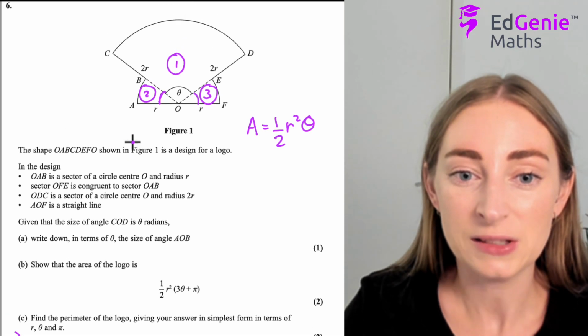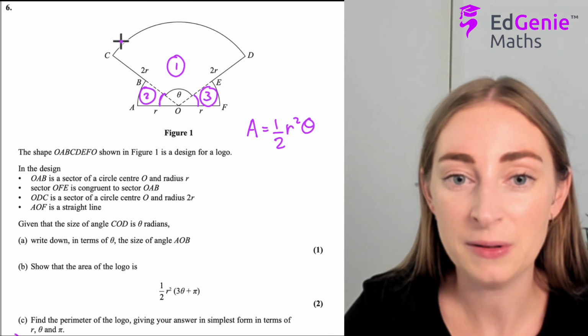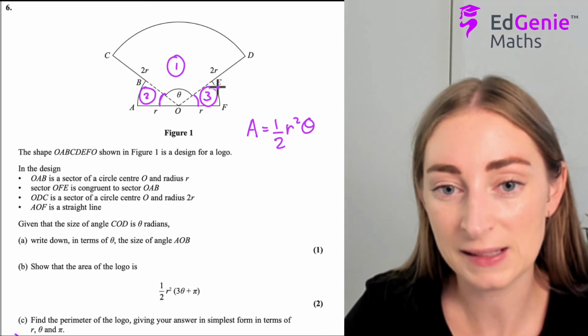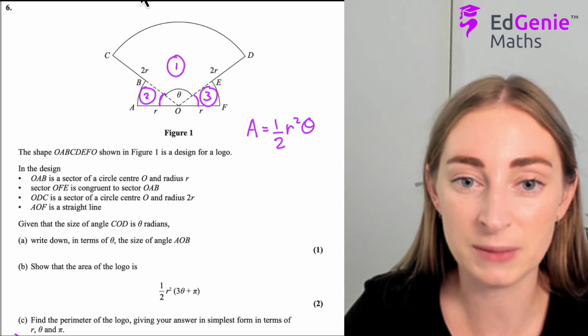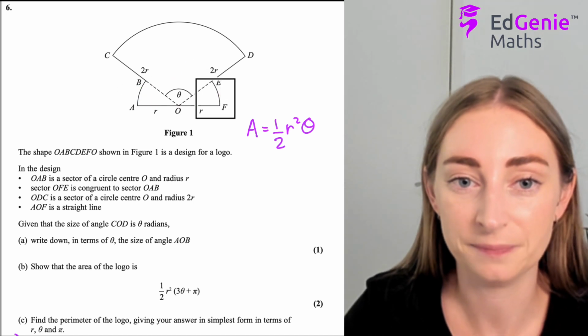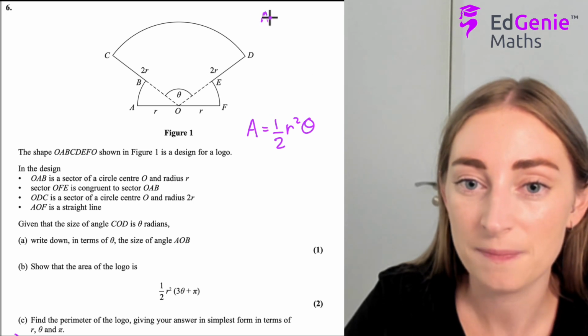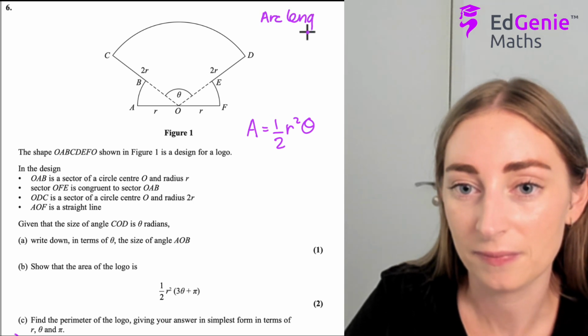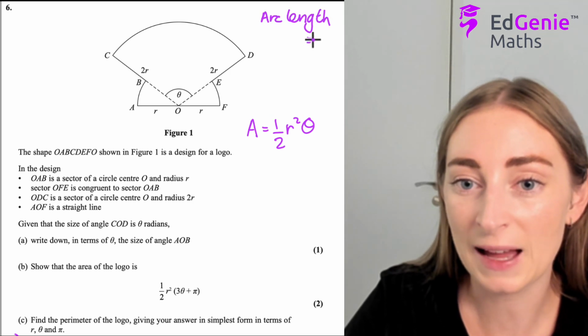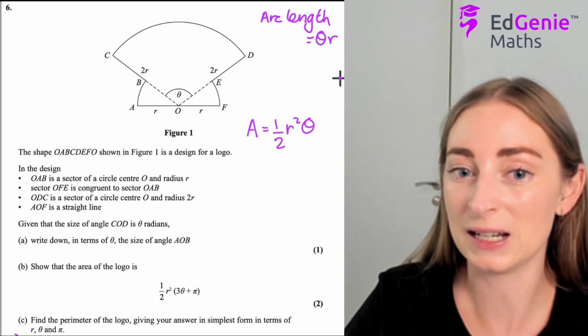Okay. So we're going to need to know this length, and this length. Let me just clear some of this. So remember, to find the arc length, you do the angle times by the radius.